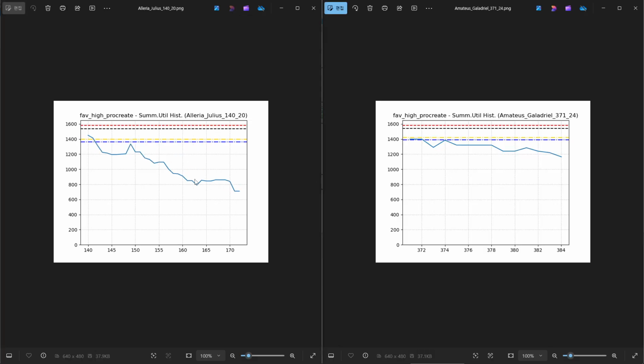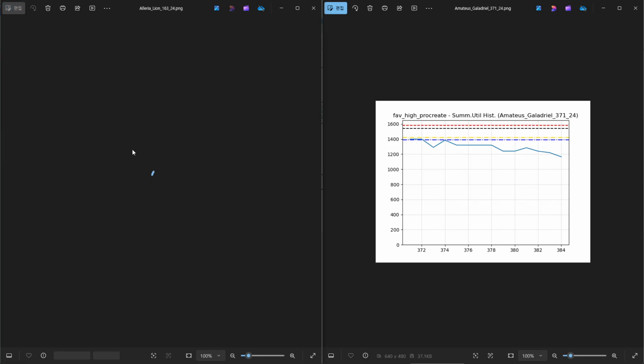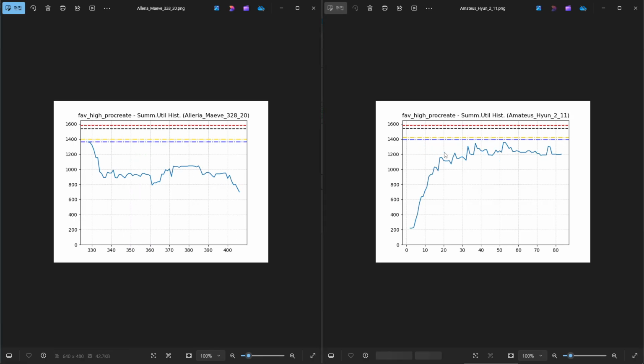But yeah, now you can see that they're not all downward slopes. See, even this one started at generation 2, and it went all the way up here, almost reaching the plateau.